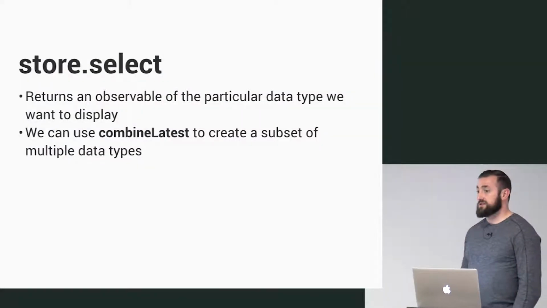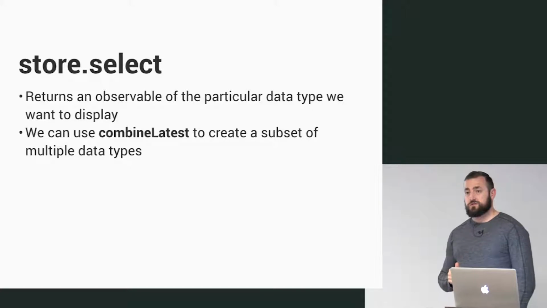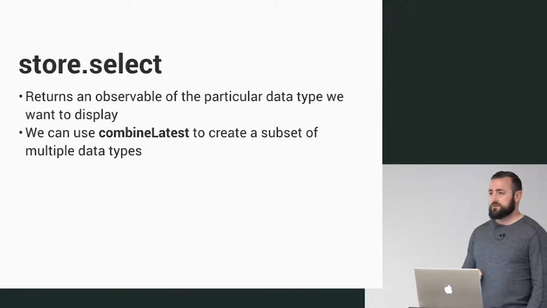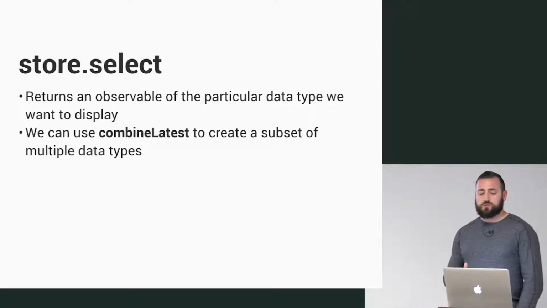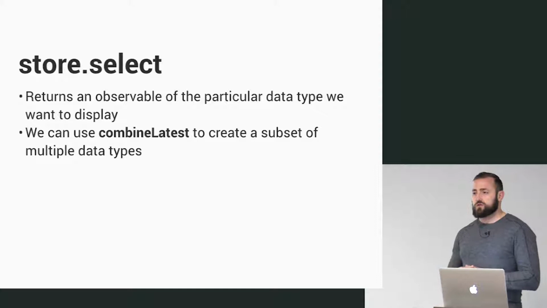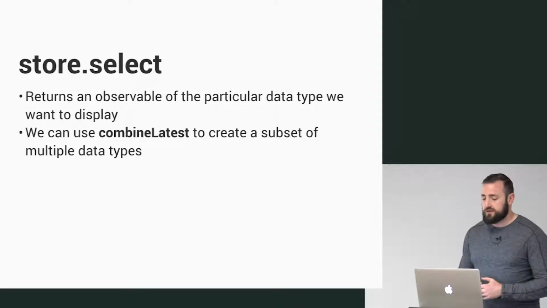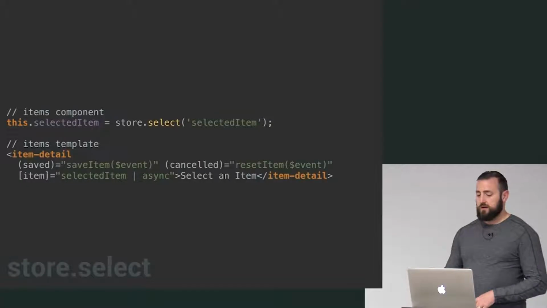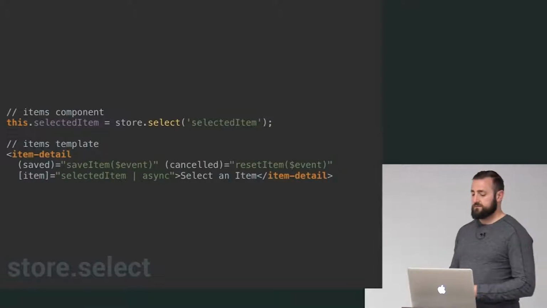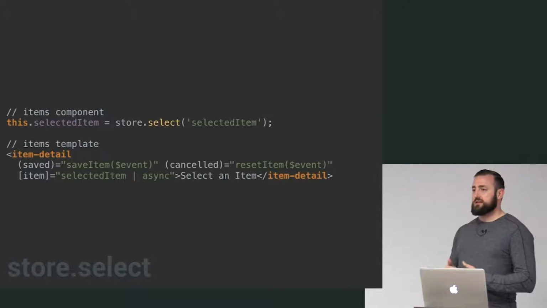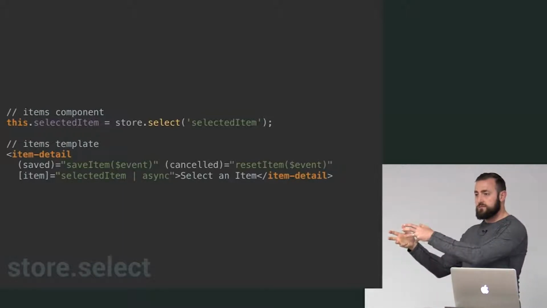And then now the question is, now that I have this reducer that's feeding into the store, how do I get data out of the store? Well, with store.select. And then if you need to combine multiple results, then you can use combineLatest. So you can see here in the items component, we're saying give me the selected item.